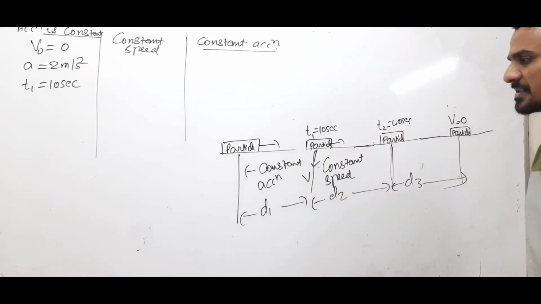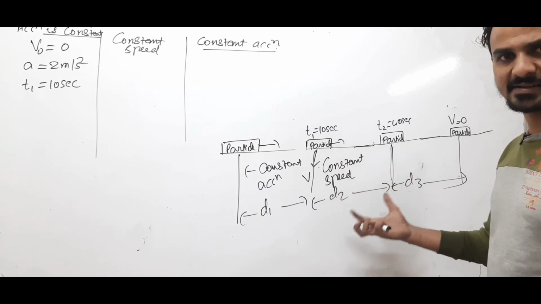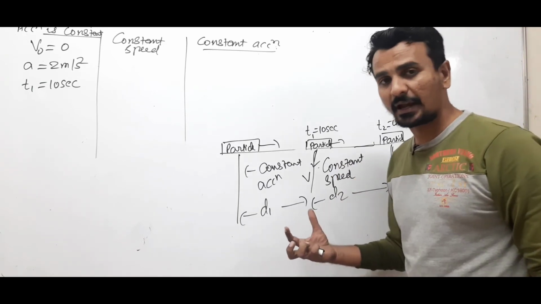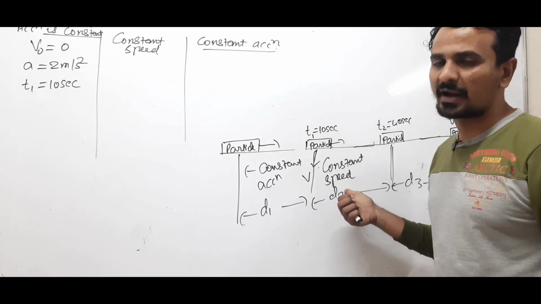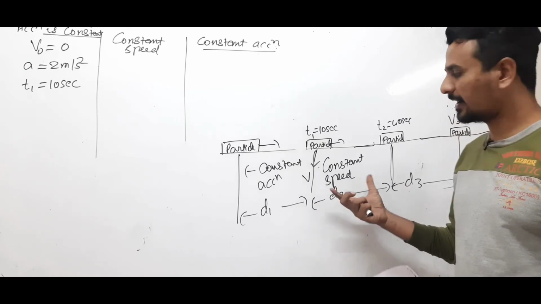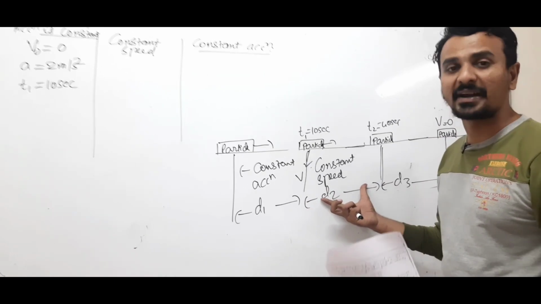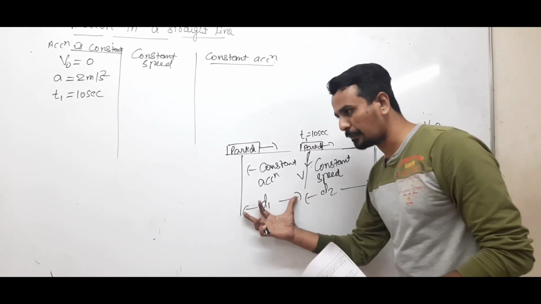The question is easy, you just have to understand that from 10 to 40 seconds, a time gap of 30 seconds, we cannot use the three equations, because in this case the particle is not performing uniformly accelerated motion. It is moving with constant speed, so the particle will not have acceleration from 10 to 40 seconds. Of course, here it is performing acceleration.